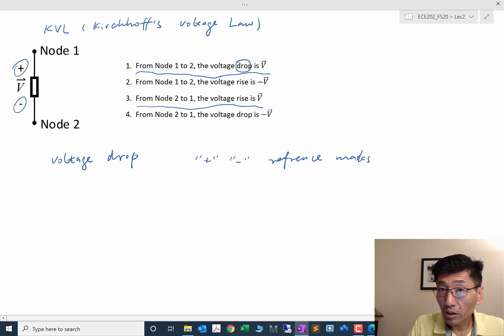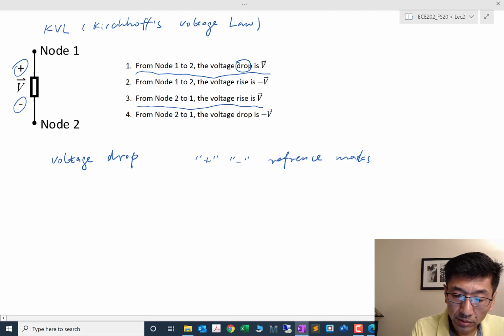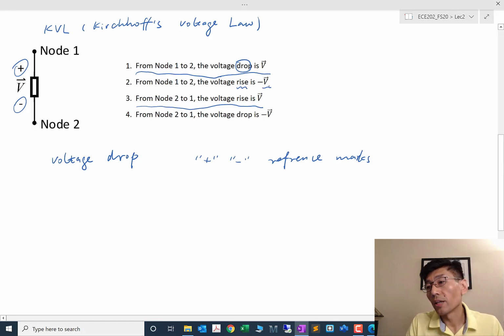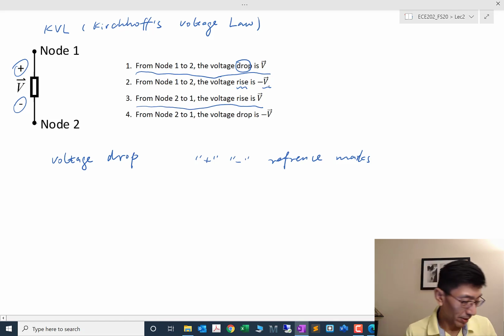But the most confusing part is that the second and the fourth statements are also correct. Nothing wrong with this. From node 1 to node 2, the voltage rise is negative V. So this is really confusing. Let's say I have a desk here where I'm sitting. The desk surface is higher than the floor by maybe 34 inches.